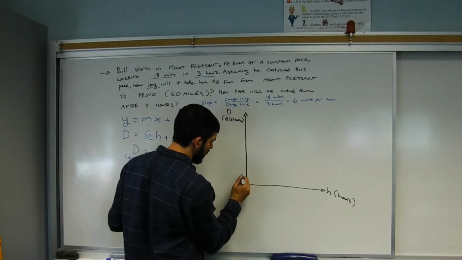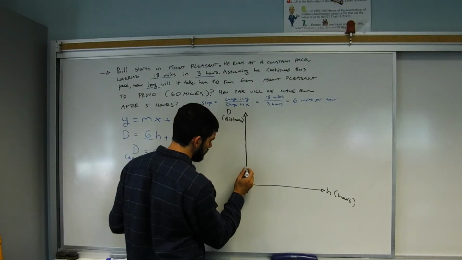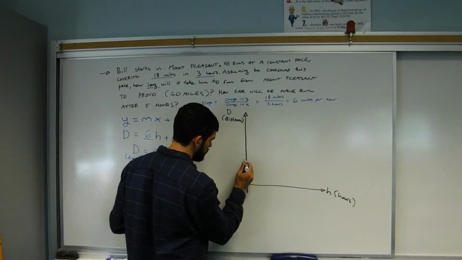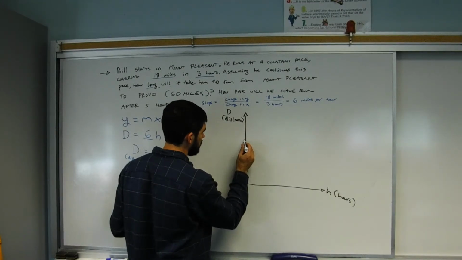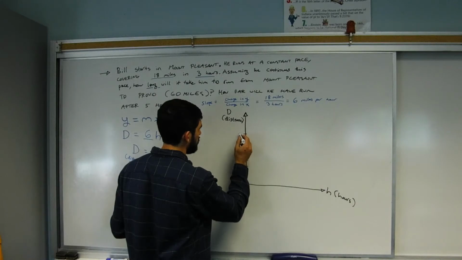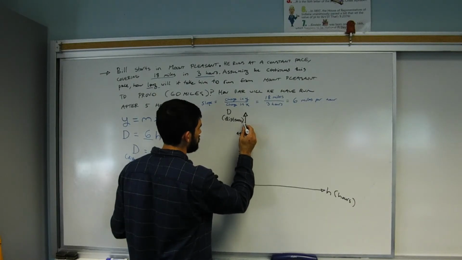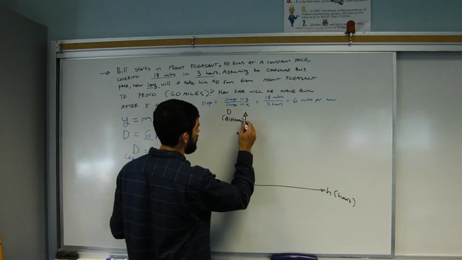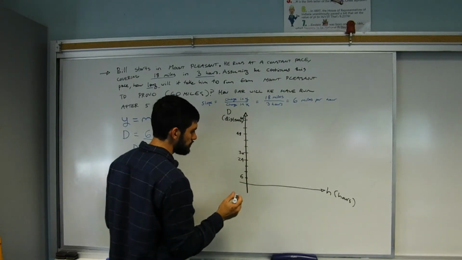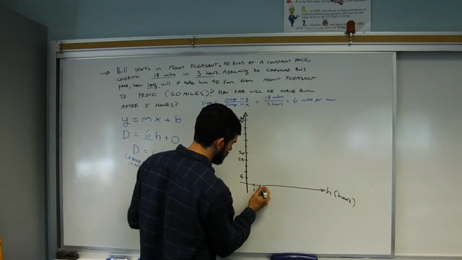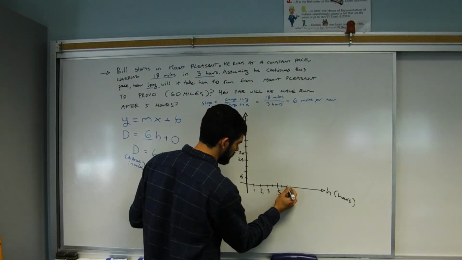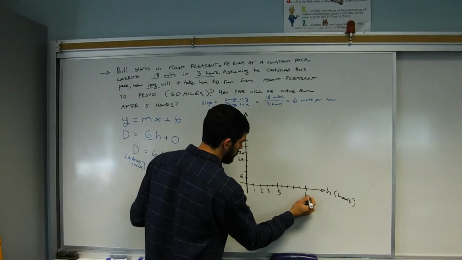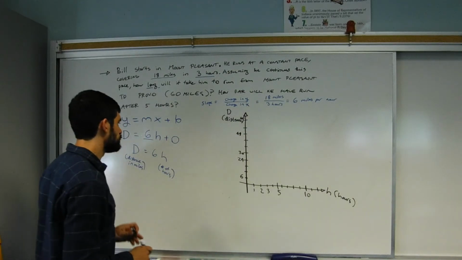If he's going at 6, 12, 18, 24, and we'd have 30, 36, 42, 48, 54, 60. We could have our hours, we could just do 1, 2, 3, 4, 5, 6, 7, 8, 9, 10, and so on.